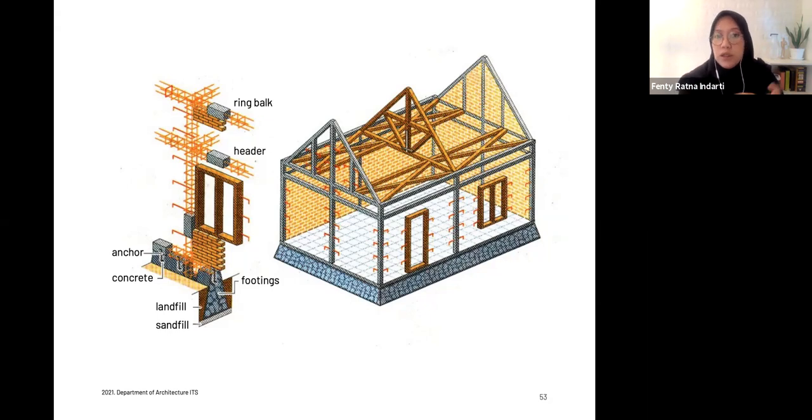What columns do you use and how they attach. And then for the sections, you look at the beams, for example ring balk, and header if you are cutting through this area. And also the sloof and also truss ram if you are using truss ram. So that is what it looks like.